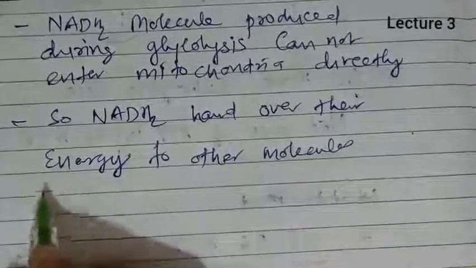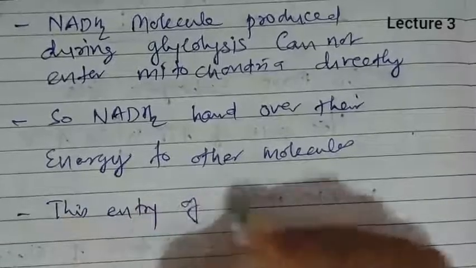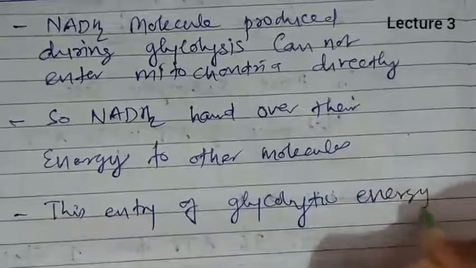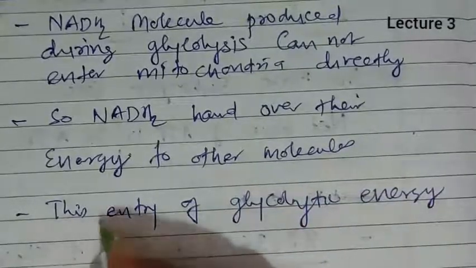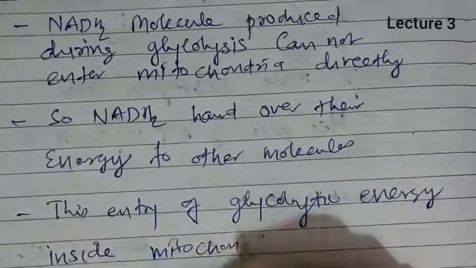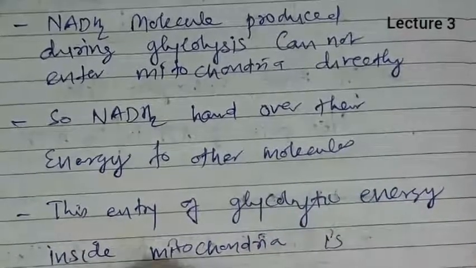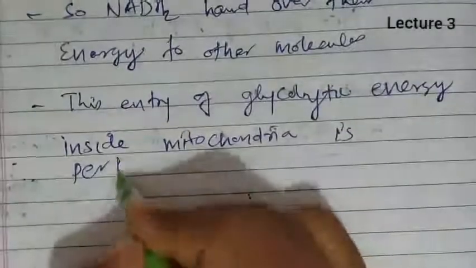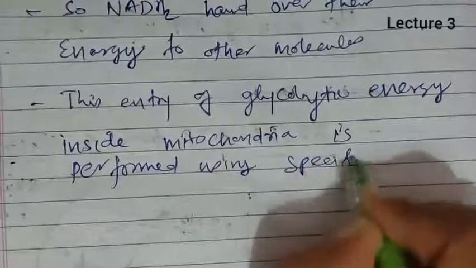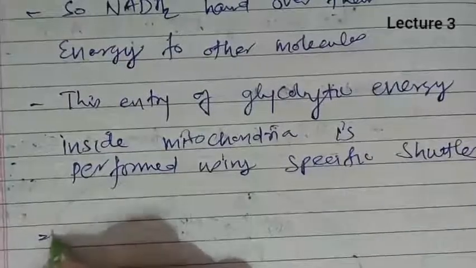This entry of glycolytic energy inside the mitochondria is performed using specific shuttles, and there are two types of shuttles.